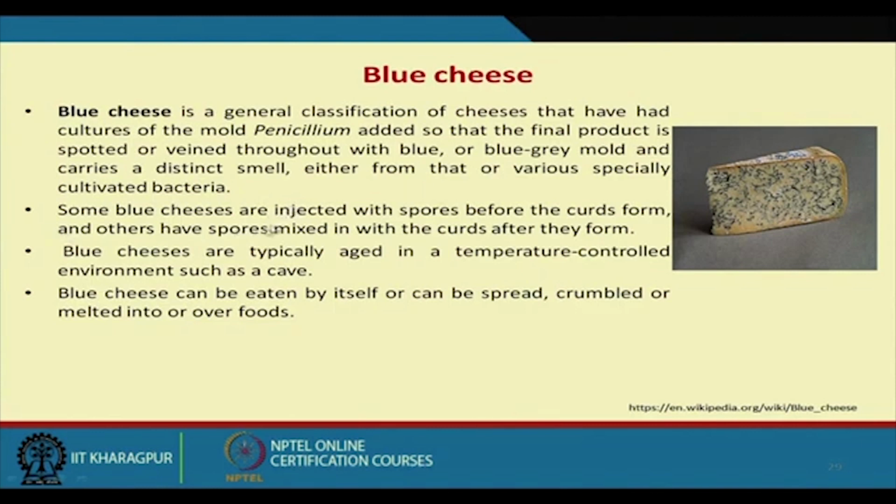Some blue cheeses are injected with spores before the curds are formed, and other spores are mixed with the curd after they form. Blue cheeses are typically aged in a temperature-controlled environment such as caves. Blue cheese can be eaten by itself, and can be spread, crumbled and melted into food.